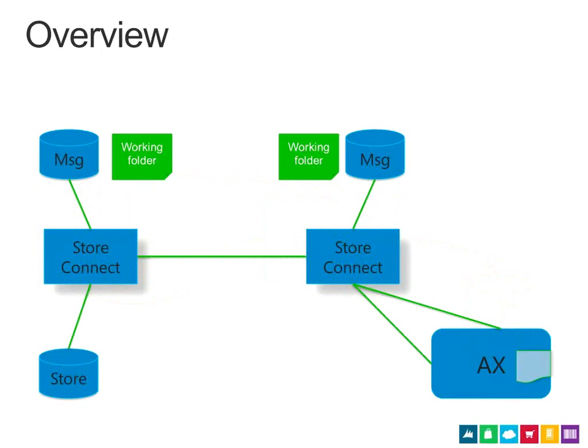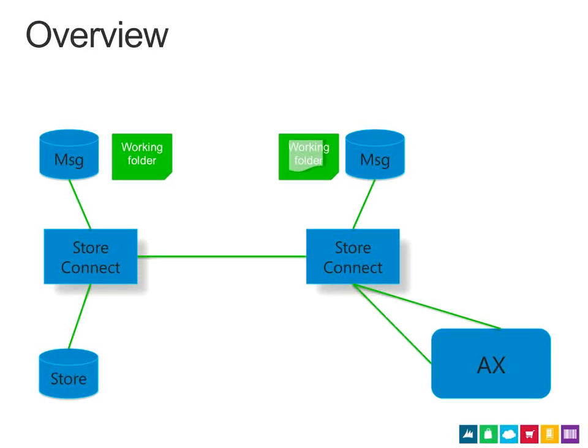This will show how the actual flow works. If you have it set up, you now have two Store Connects, one at HQ and the other one at the store. The first thing that happens is a request is generated in AX and sent out to the Store Connect instance at the headquarters. This request is then stored in a working folder.